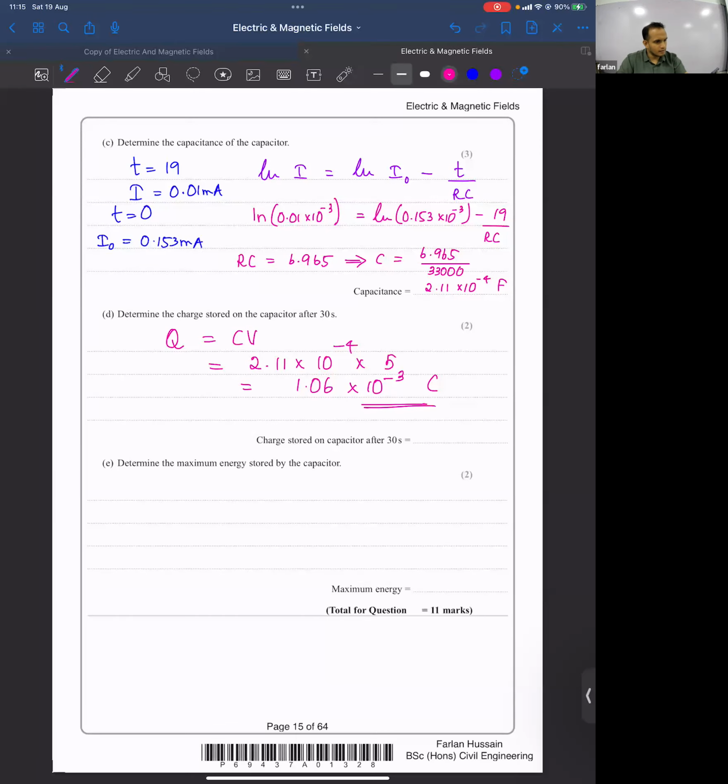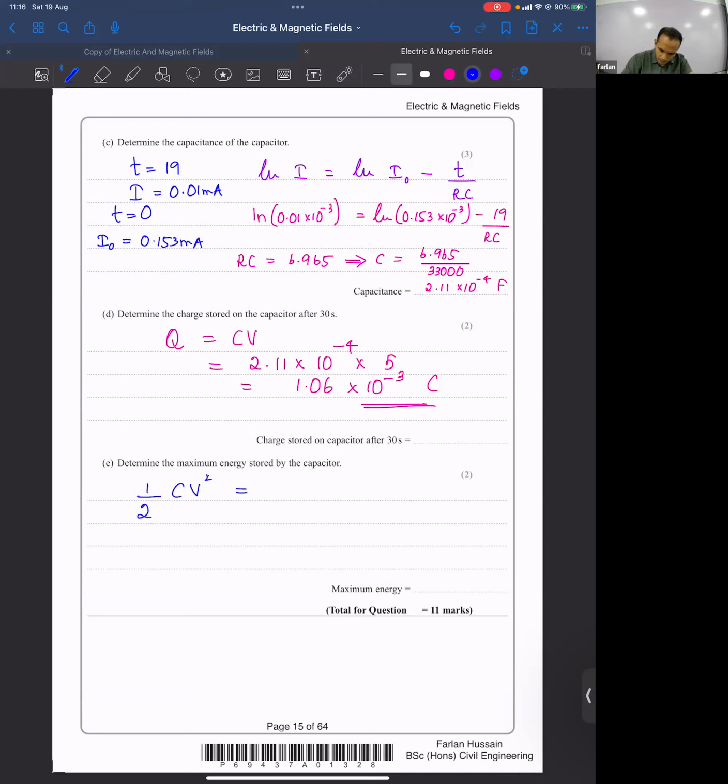Once again, they have given a range in the mark scheme. Determine the maximum energy stored in the capacitor. So that is when the capacitor is fully charged. Once again, I can use E equals half CV squared, or half VQ.